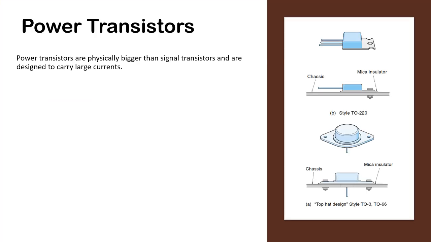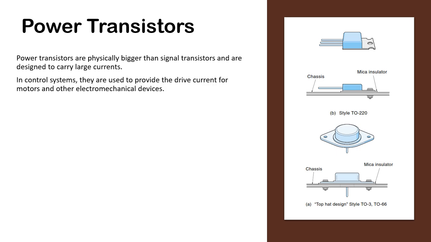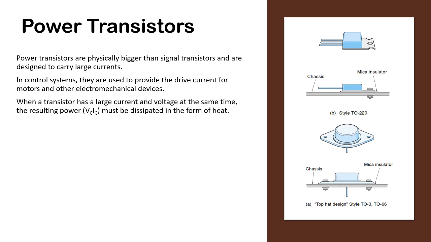Power transistors are physically bigger than signal transistors and are designed to carry large currents. In control systems, they are used to provide the drive current for motors and other electromechanical devices. When a transistor has a large current and voltage at the same time, the resulting power, VC times IC, must be dissipated in the form of heat.